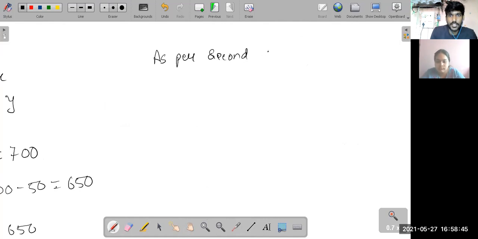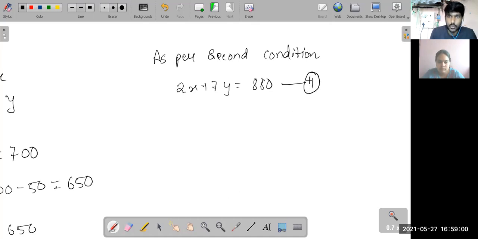So as per the second condition, 2x plus 7y is equal to 880. Call this equation 2.